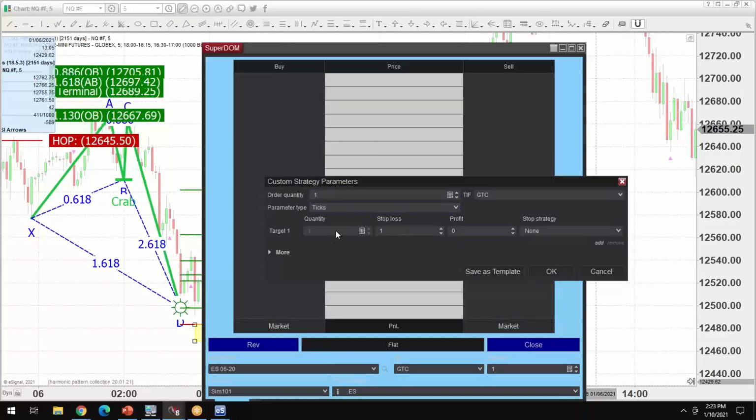In this case, we'd want to select points, not ticks. That's also important. Ticks or pips. For NASDAQ, there's 4 ticks per point.